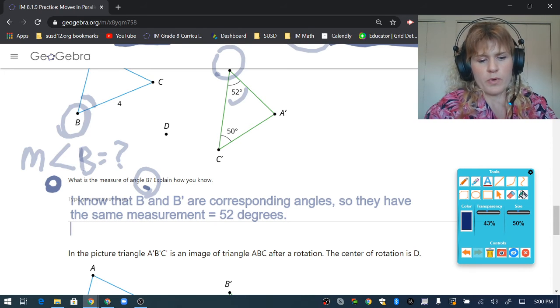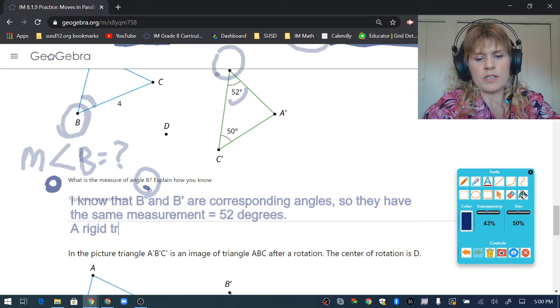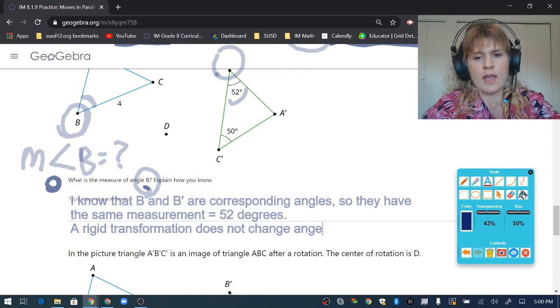I'm going to put in a little more. A rigid transformation does not change angle measurements.